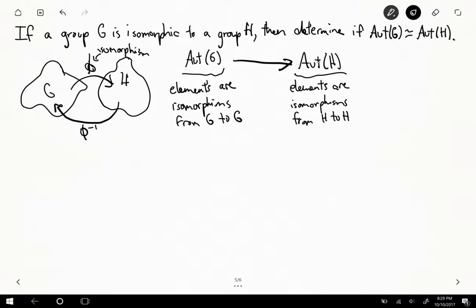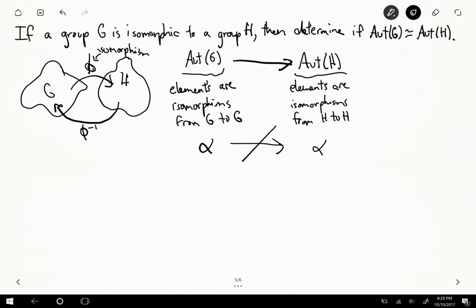So, if we take some element alpha, we can't say alpha is an automorphism of H, right? That doesn't quite work for us, okay? Because even though these two are isomorphic, it's not the same group necessarily. Well, they behave the same and all that stuff, but they're not listed as the elements being identical in terms of, for example, if you look at the fourth roots of unity under multiplication and Z4, right?